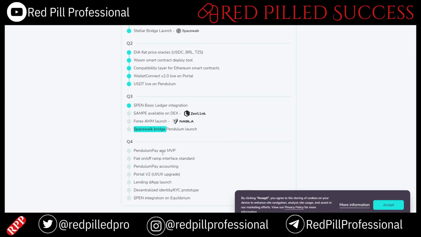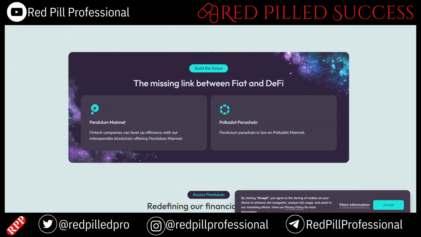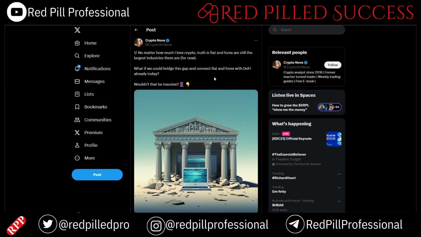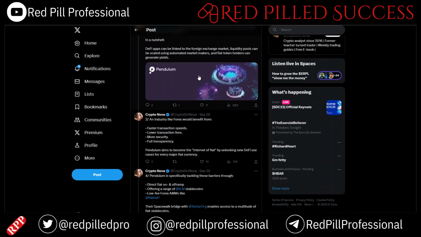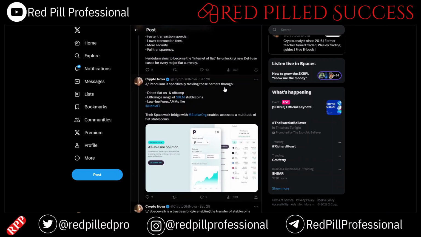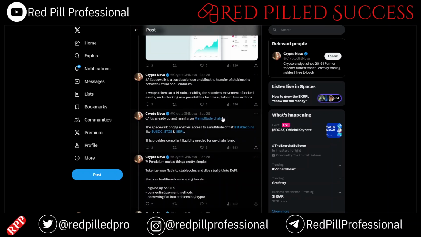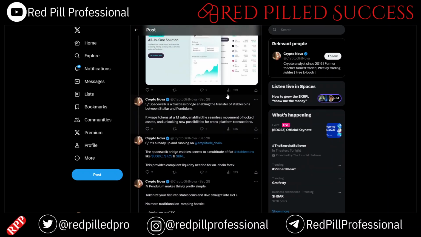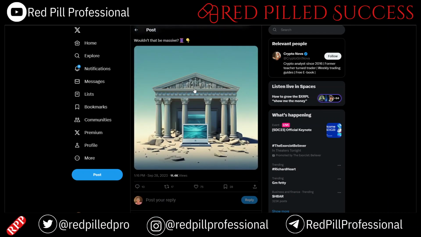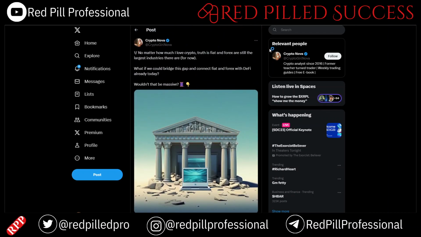In quarter 4, you've got Pendulum Pay, a fiat on-off ramp, and a couple of other things. So this is, I think, almost the same exact thing. Yeah, so that's pretty much the same information. It's just explained in a different way. I should probably run through that at a different time as well, because I'm almost out of time.